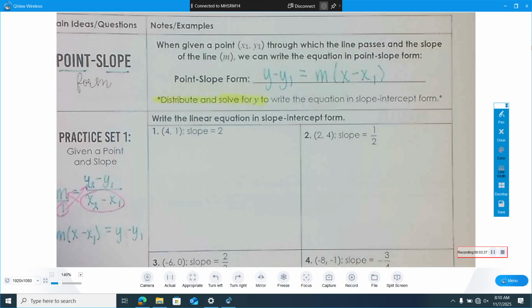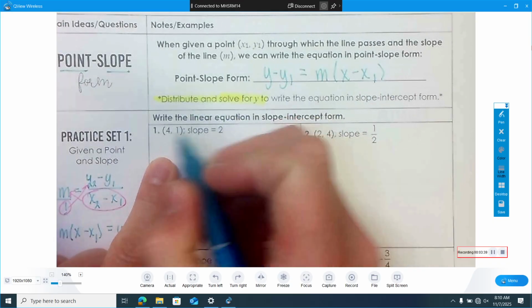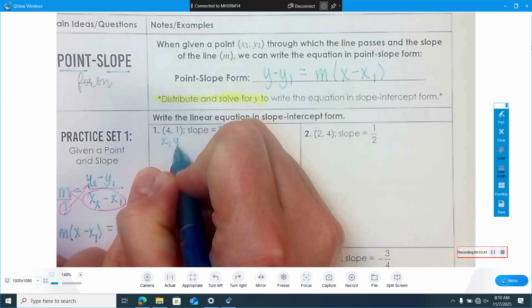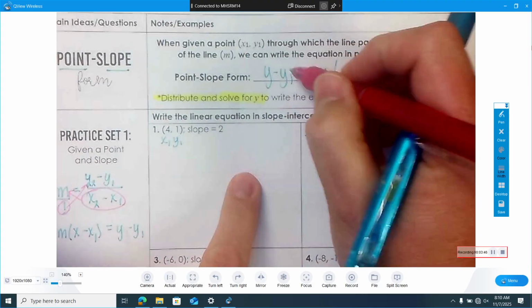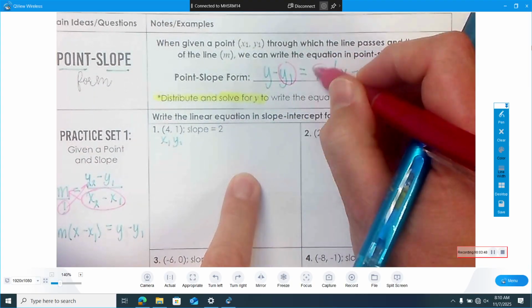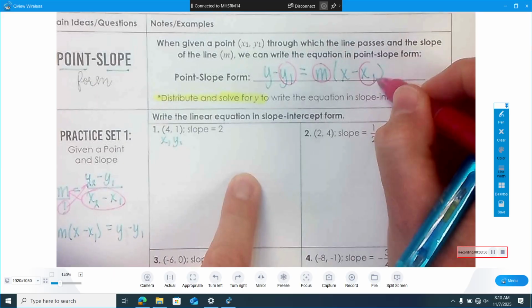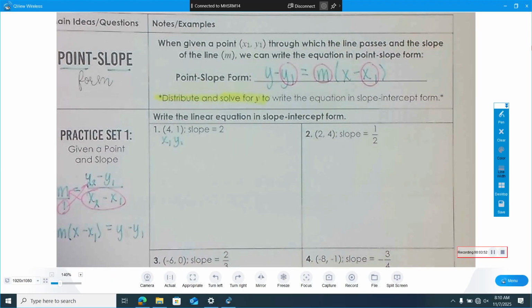Okay. So we have a slope of 2, and we have a point. This is the x1 and the y1. And so we are going to replace the y1, and we're going to replace the slope, and we're going to replace the x1 with our information.